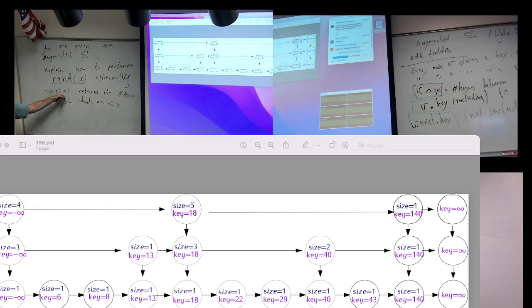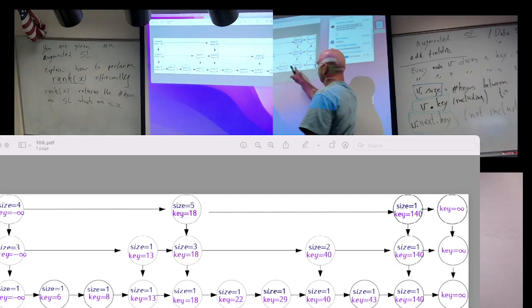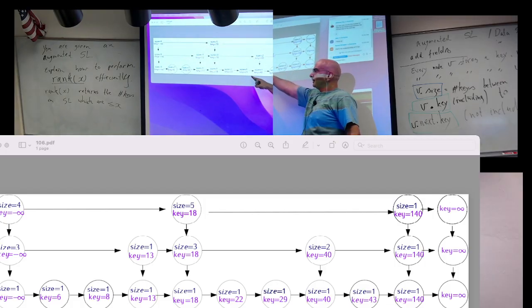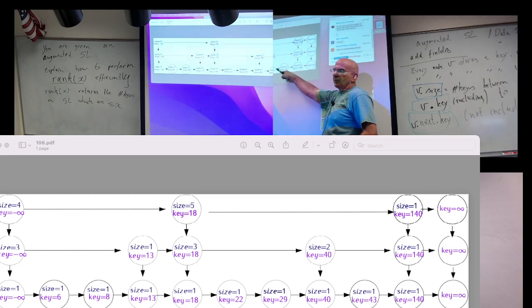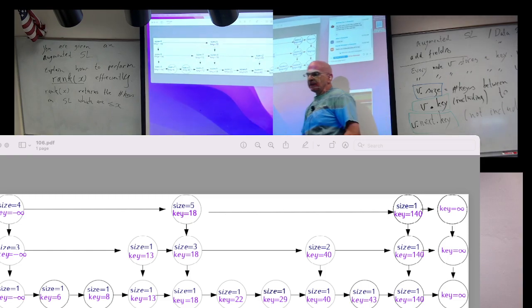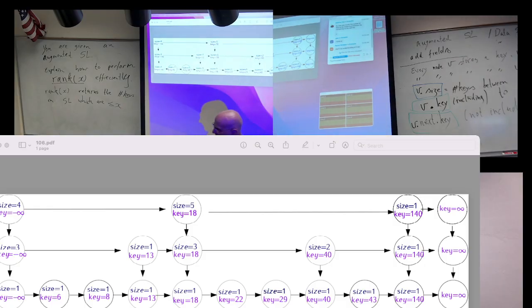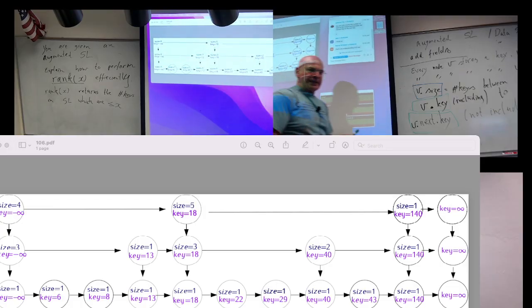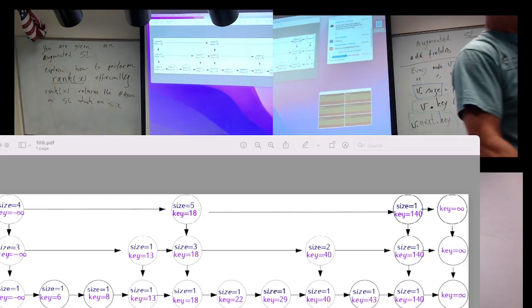And if I'm the largest element in the skip list, with 140, the rank will be n, because I'm the nth smallest number in the skip list. I'm not the smallest, I'm not the second smallest, I'm the nth smallest. I'm just counting, if I sort all these keys, how many are there?